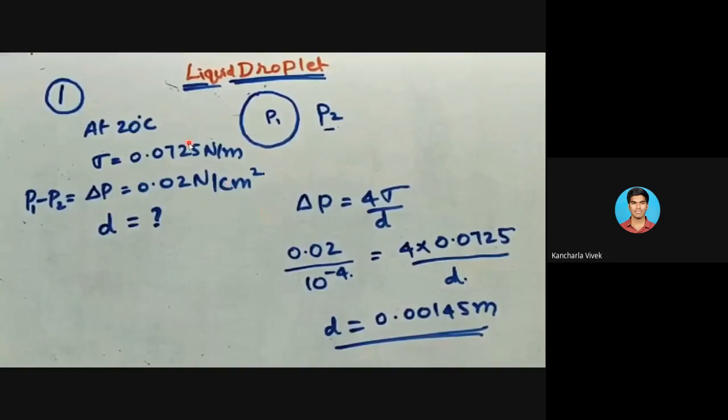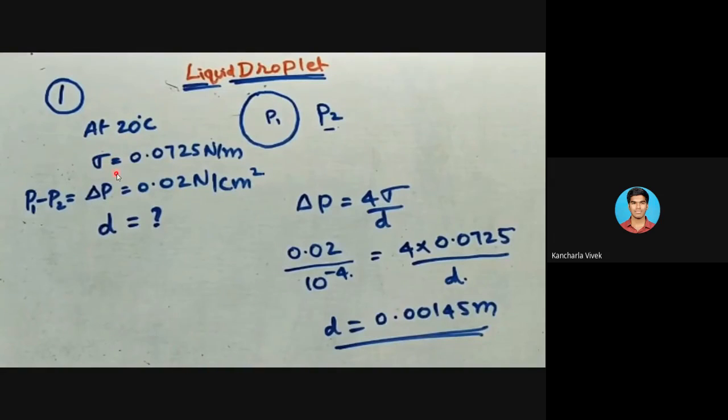So we have a small problem here. Let's do a small exercise. Here we have been given P1 and P2. So obviously here we have been given the delta P itself, so we do not need to find P1, P2. Directly we have been given a change in pressure, that is 0.02 Newton per centimeter square at a temperature of 20 degrees.